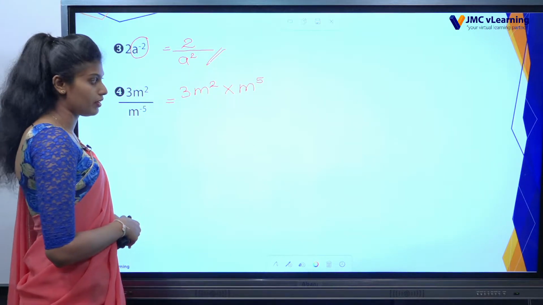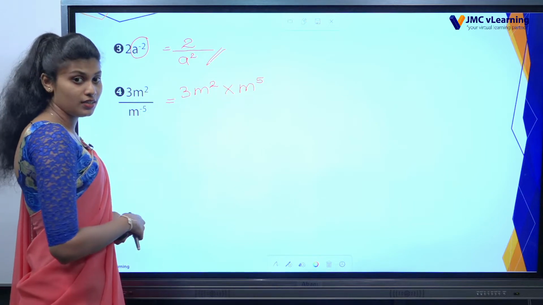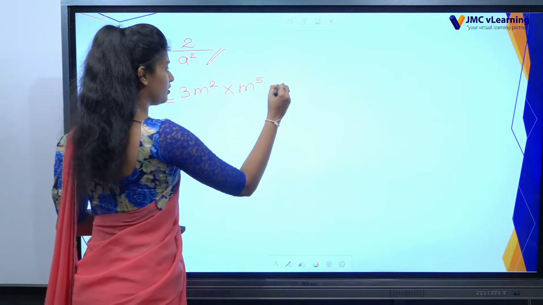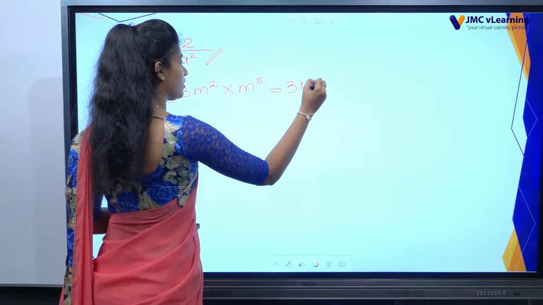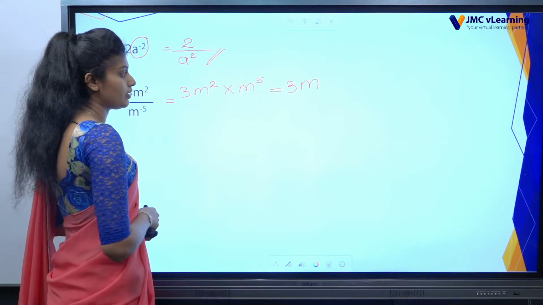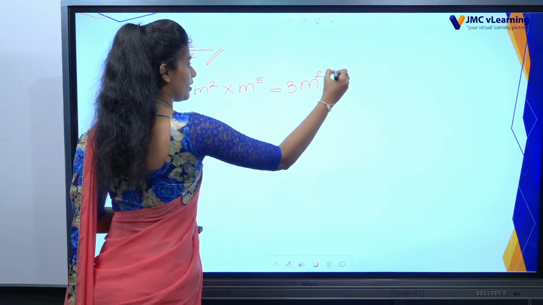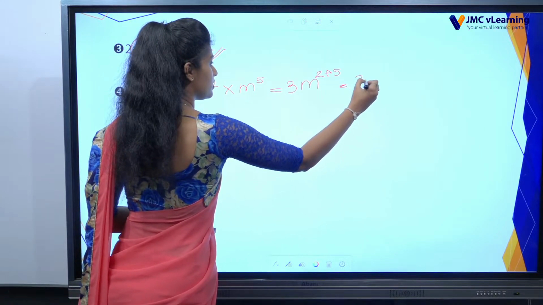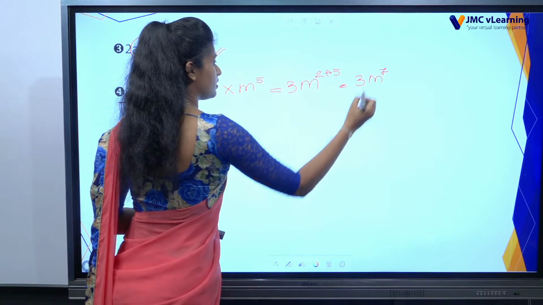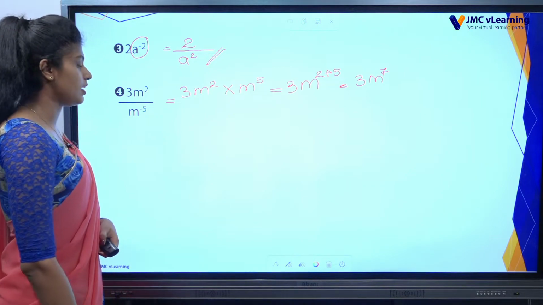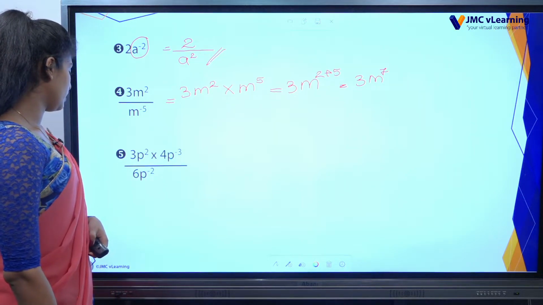Then you can simplify this because all the bases are common. Then 3m. Let's add the indices 2 plus 5. Then answer is 3m to the power 7. That's the answer.